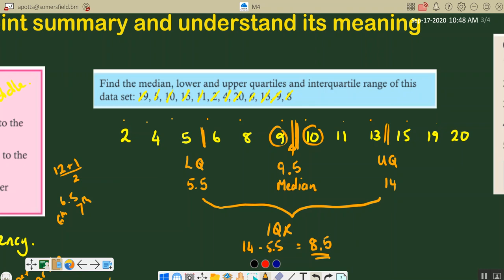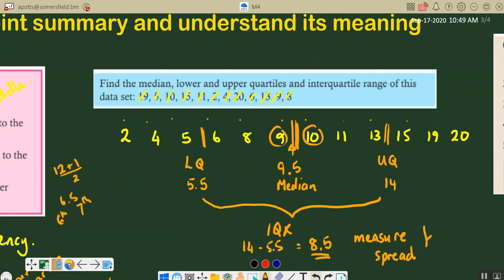So what does that tell us? Well, that tells us how spread out the middle 50% of the data is. That's a measure of spread. This number will change, and it's only relevant to the numbers that it's there for.